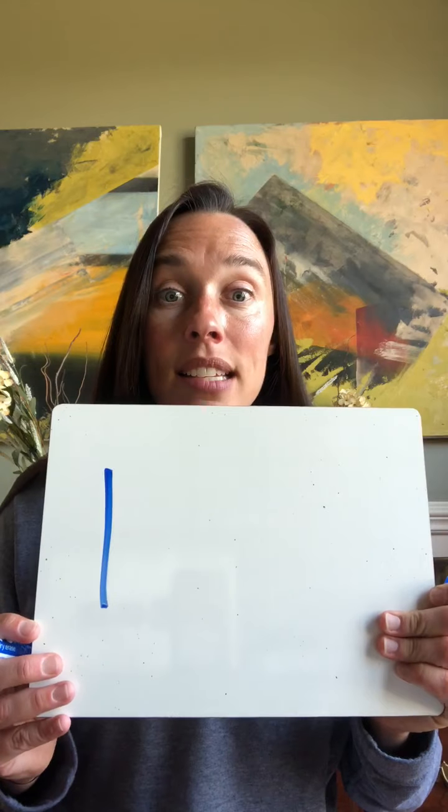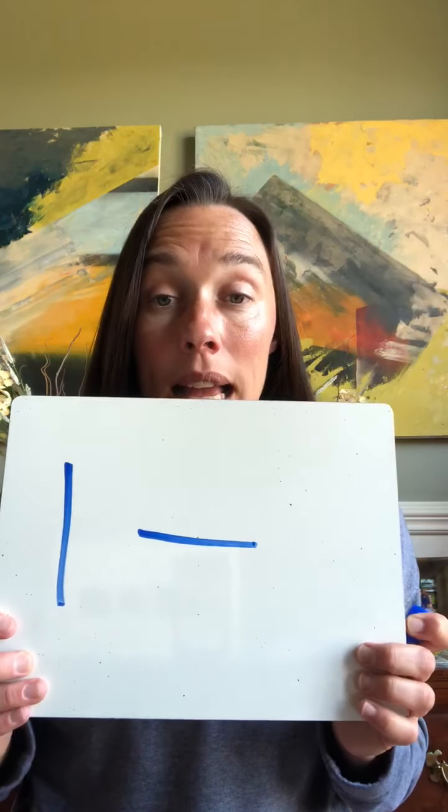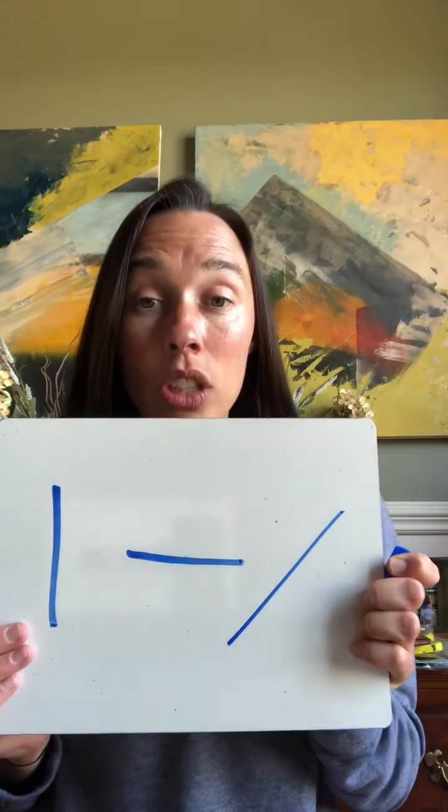Now, you are going to look at all three of these, and your assignment is to talk about the lines that you see. Remember, we talked about lines before. The first line we said was our vertical line. The next line we said was our horizontal line. And the third line we said was our diagonal line.